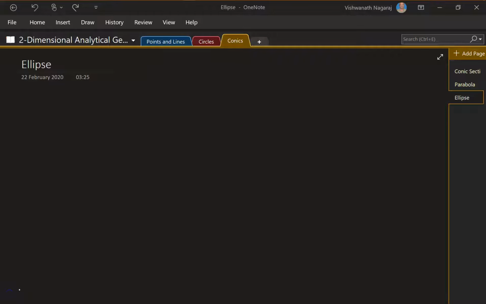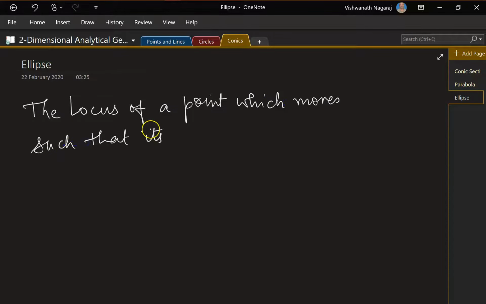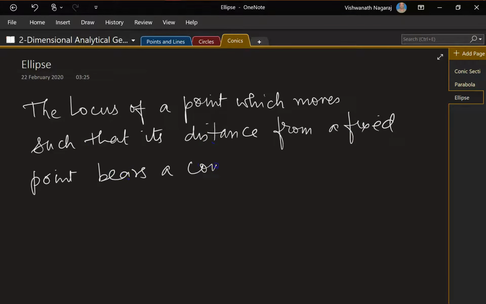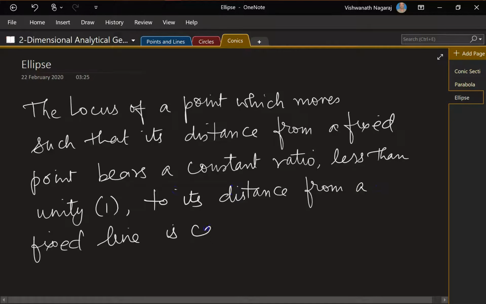Ellipse. So let's look at the definition first. The locus of a point which moves such that its distance from a fixed point bears a constant ratio less than unity to its distance from a fixed line is called an ellipse.